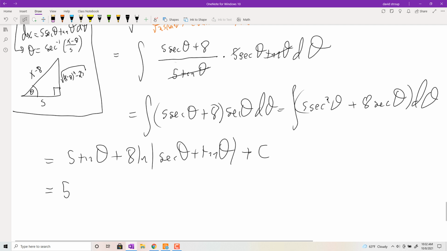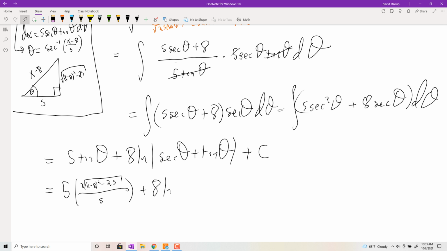So 5 tan, using the triangle, tan is opposite over adjacent, so it's going to be times the square root of x minus 8 squared minus 25 all over adjacent, which is 5, plus 8 times the ln of the absolute value of secant, which is basically 1 over cosine.